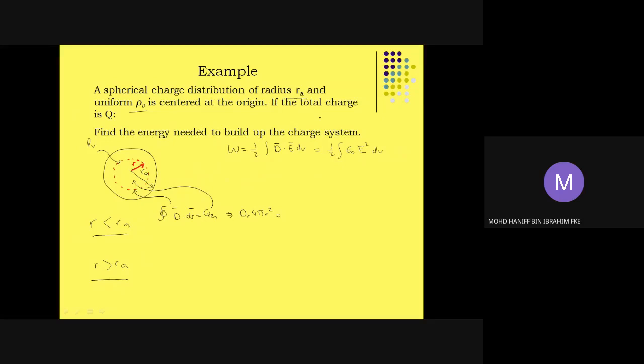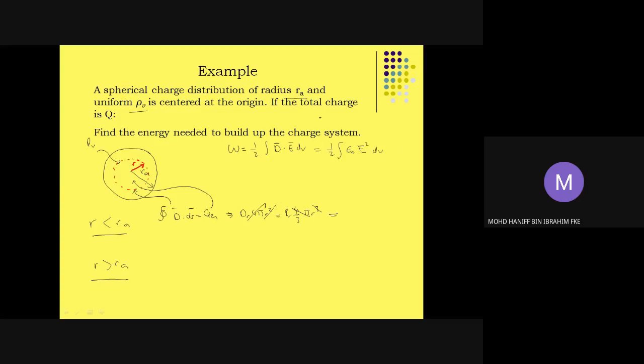For that, the enclosed charge will be rho v, because of volume charge, multiplied by 4 over 3 pi r to the power of 3, which is the volume of the sphere up to the radius r only, because that is the radius where the Gaussian surface is bounded. Then the 4 pi r can be cancelled out, leaving only r on the right-hand side.